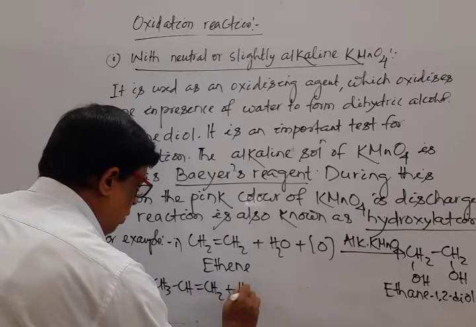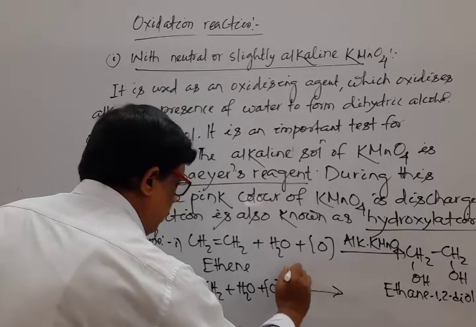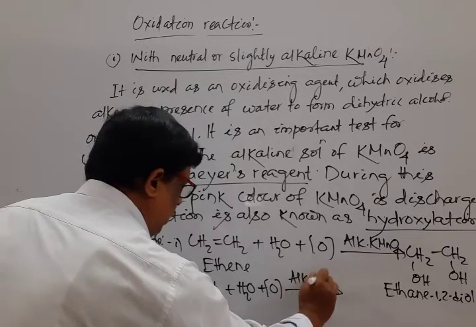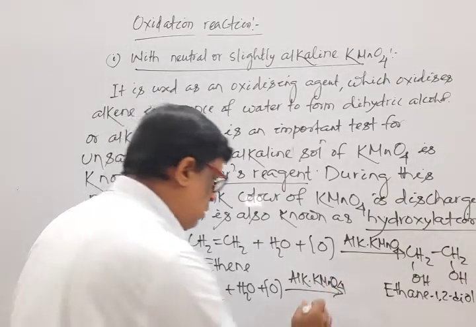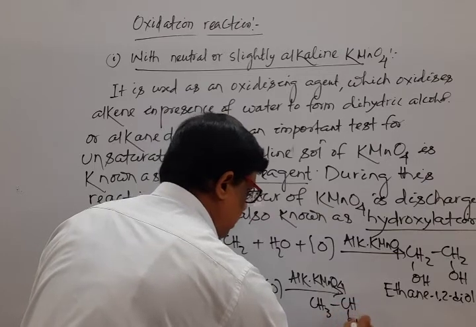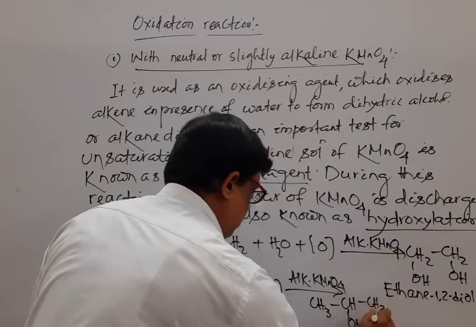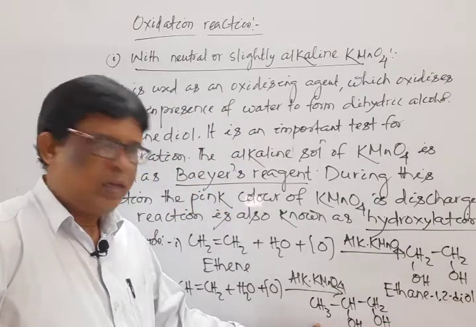Similarly, another example, if we select propene plus water plus nascent oxygen in presence of alkaline KMnO4, then what is the product? CH3, CHOH, CH2OH. Can you identify its name?